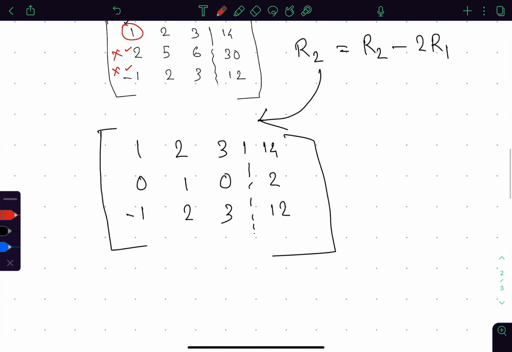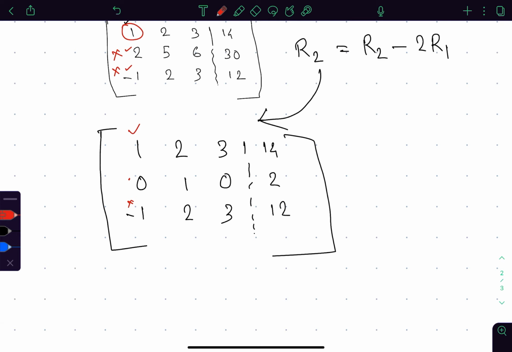You can see that from the first row we have the pivot element, and below that pivot we have cleared one element, but we still have another one to go.